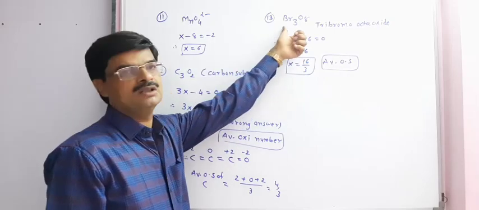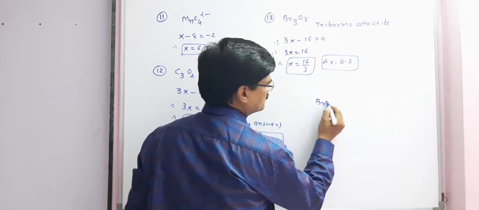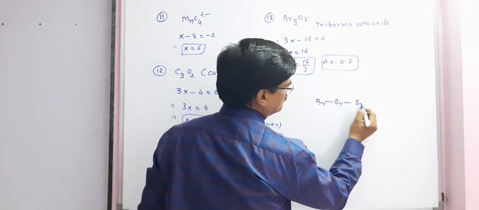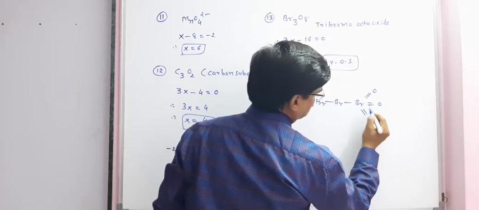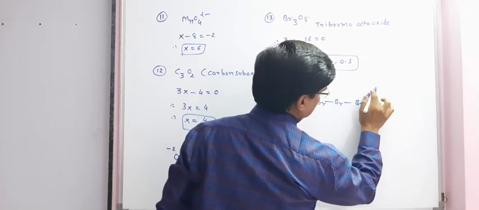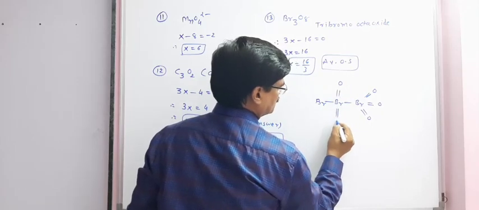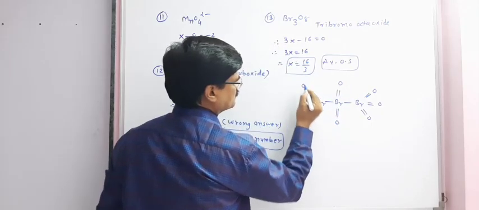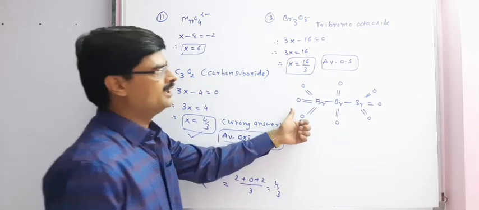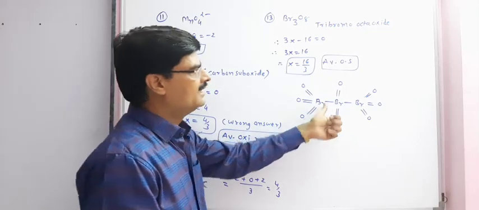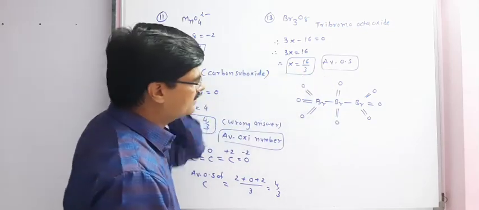But when we draw the structure of Br3O8, let us understand how this answer is the average oxidation state.